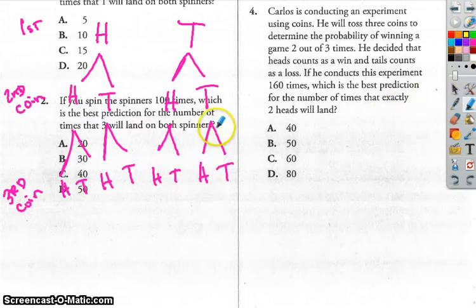So I'm looking for places where I'm getting exactly 2. So I've got heads, heads, heads here. That's 3 heads, so that's not an option. Then I've got heads, heads, and tails. That's exactly 2 heads, so that's 1. Heads, tails, heads right here.